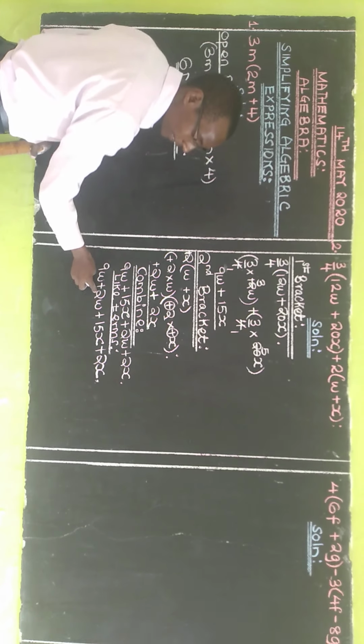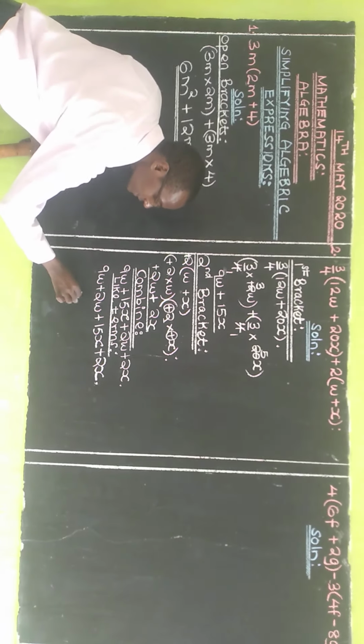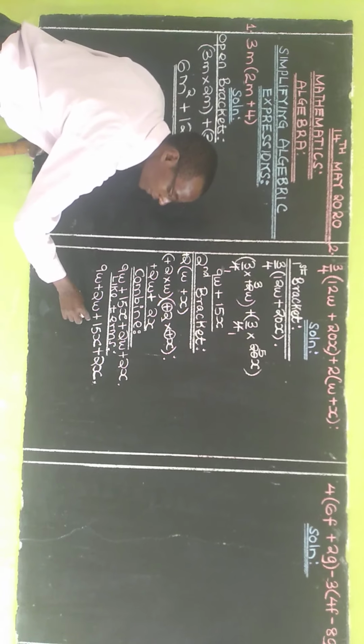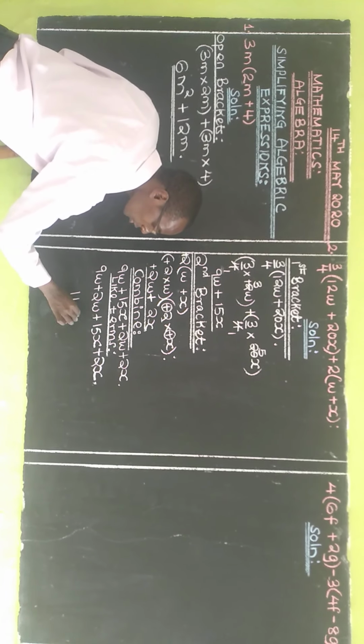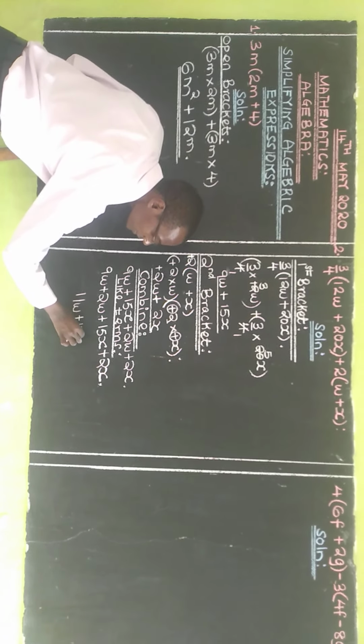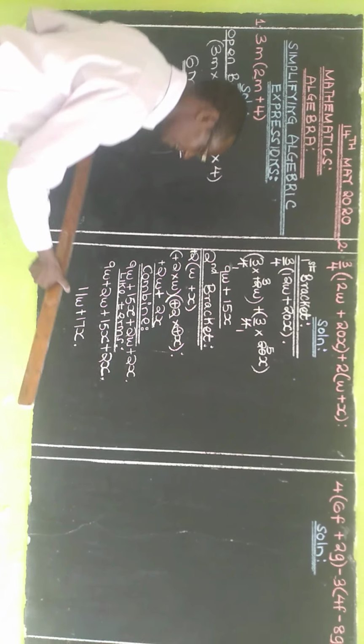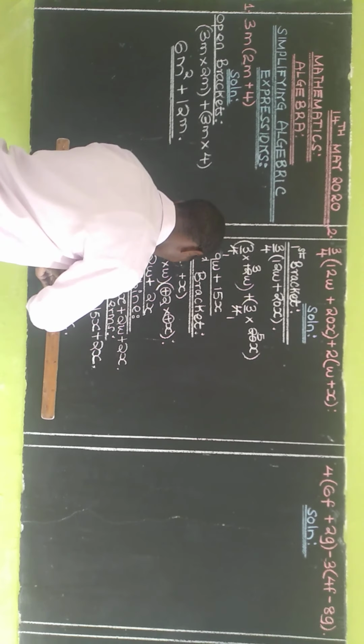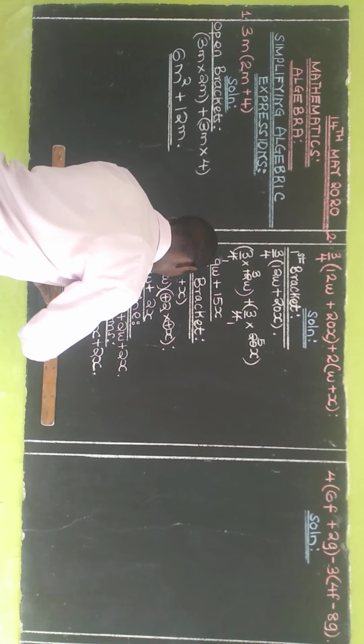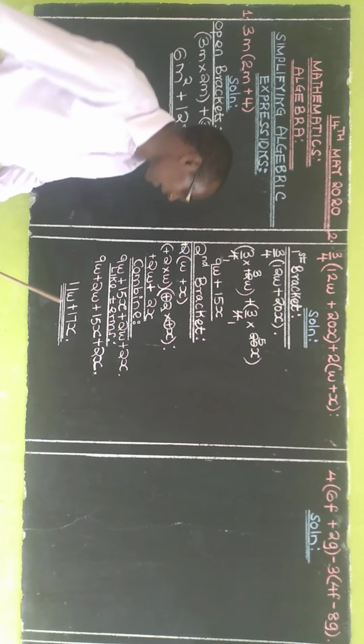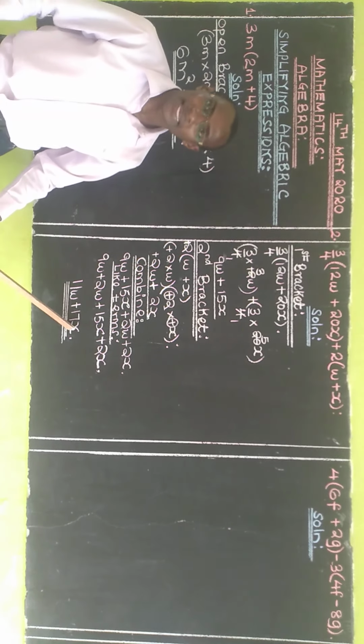So 9w plus 2w, you will get 11w. Then positive 15, positive 2 gives you positive 17x. And this is the result for question number 2. The result for question number 2 is 11w plus 17x.